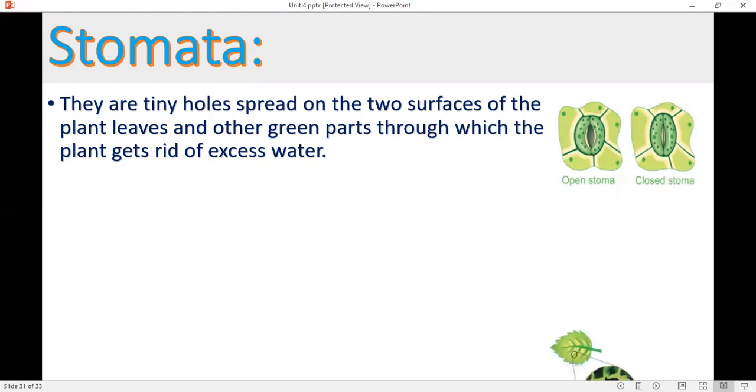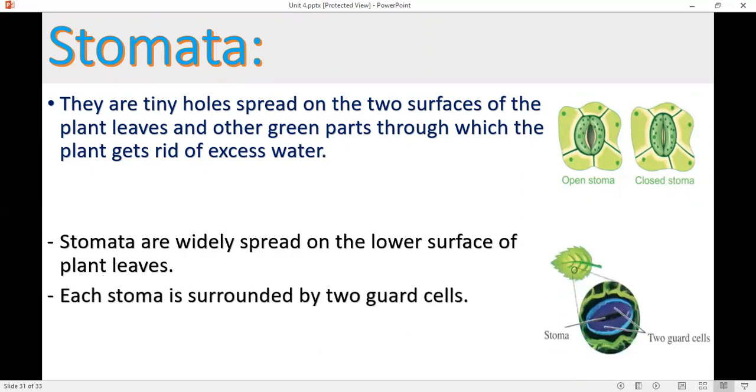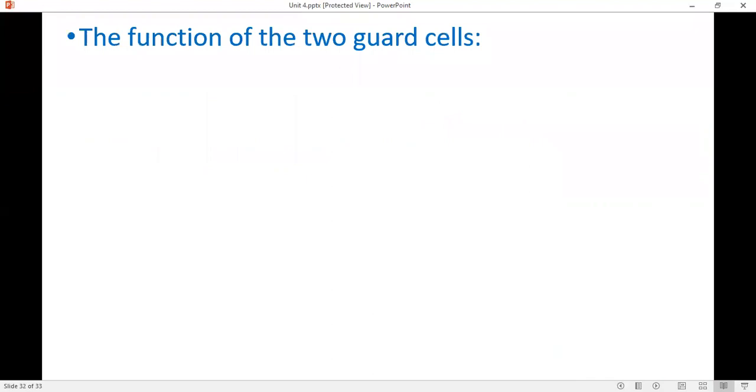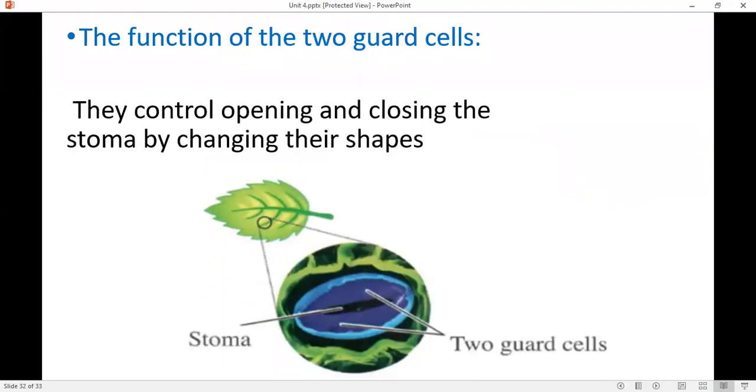You know that it's in the lower surface of the plant leaves, and it's surrounded by two guard cells. What is the function of this? The guard cells control opening and closing of the stoma by changing its shape. So here's the stoma, and here are two guard cells to open and close the stoma.